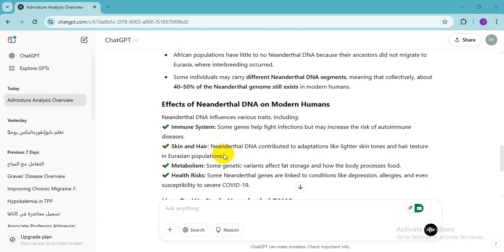Skin and hair: Neanderthal DNA contributed to adaptations like lighter skin tone and hair texture in Eurasian populations. Metabolism: some genetic variants affect fat storage and how the body processes food. Health risks: some Neanderthal genes are linked to conditions like depression, allergy, and even susceptibility to severe COVID-19.